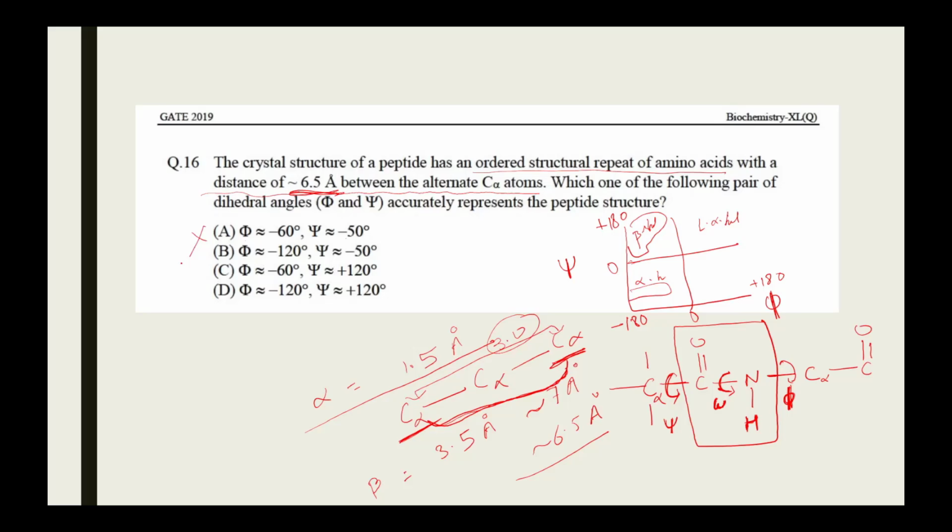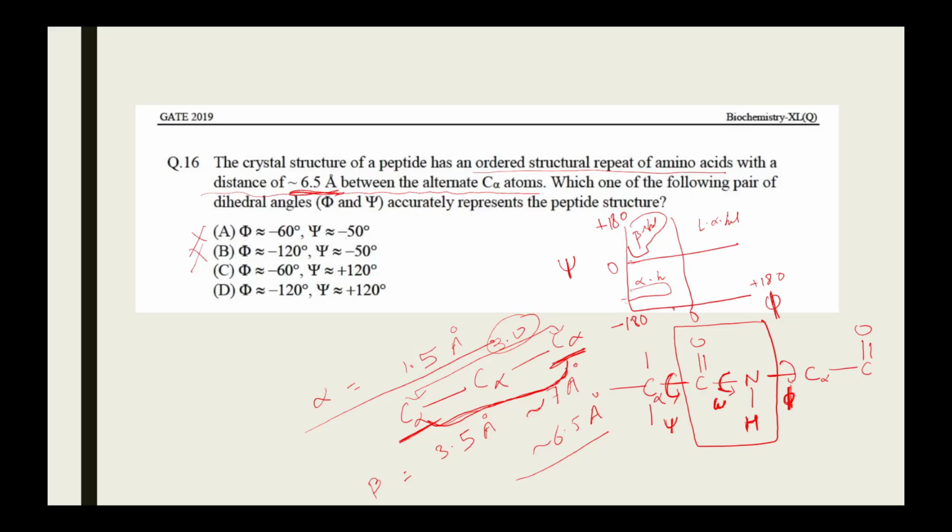Next comes another one, which is minus 120 and minus 50. Again, for psi it is here somewhere, and for phi it is here. That is for the alpha helix, not for the beta sheet. So this option is also wrong. The third one is minus 60 and plus 120.